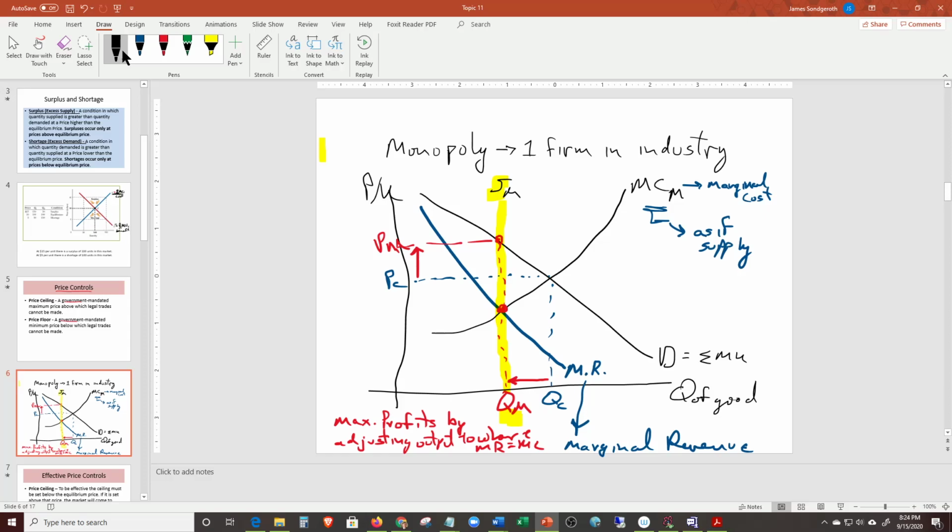You can think of that as the supply curve of the monopolist, and it charges this price. There is no shortage or surplus in monopoly. And that's what I was trying to say before. So a monopoly will not produce a disequilibrium condition where surpluses or shortages persist.